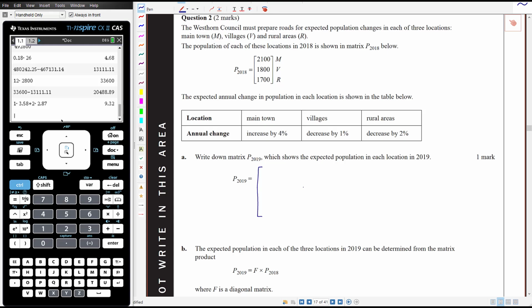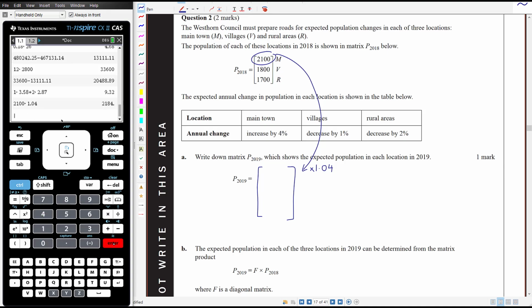Okay, so for 2019, we simply need to increase the main town value by 4%. So that is to multiply it by 1.04. So 2100 times 1.04 is a 4% increase, so that becomes 2184. The village population decreases by 1%, so that isn't to take away anything, that is to end up with only 99%.